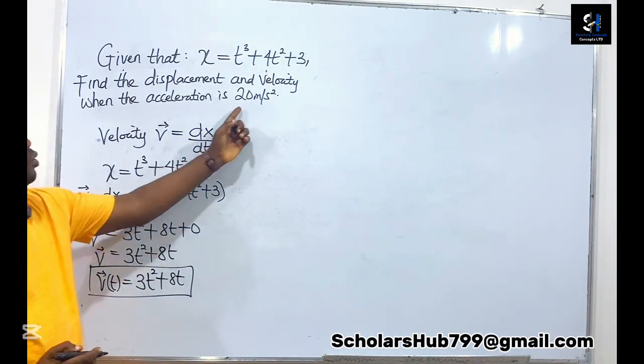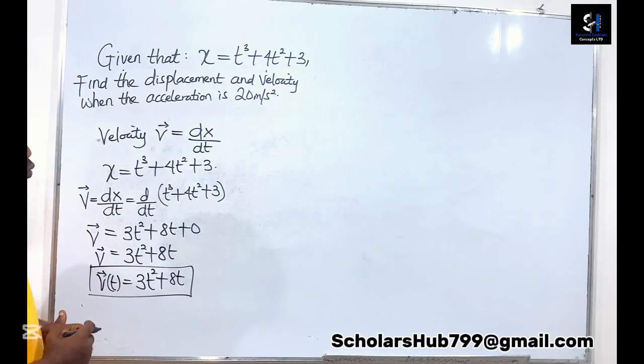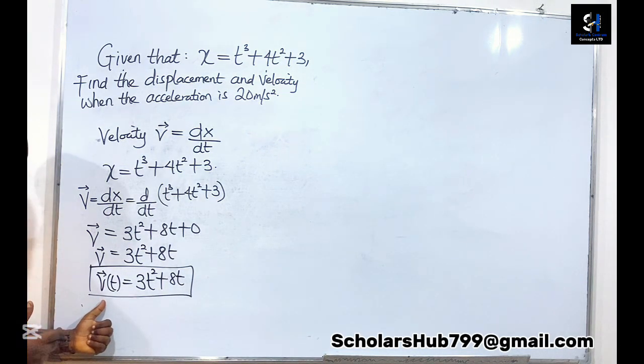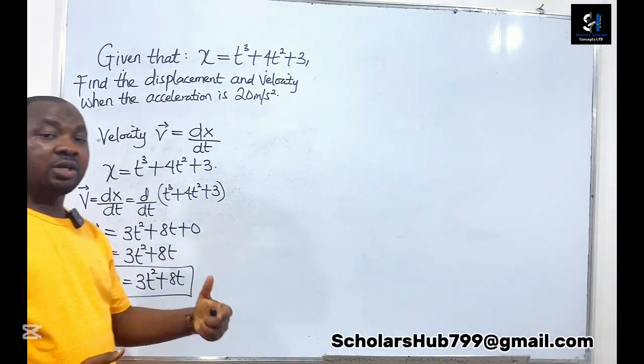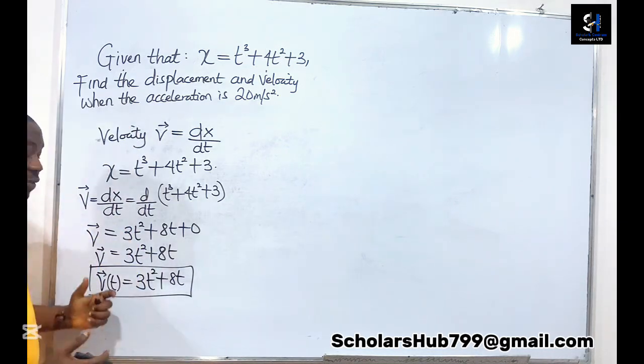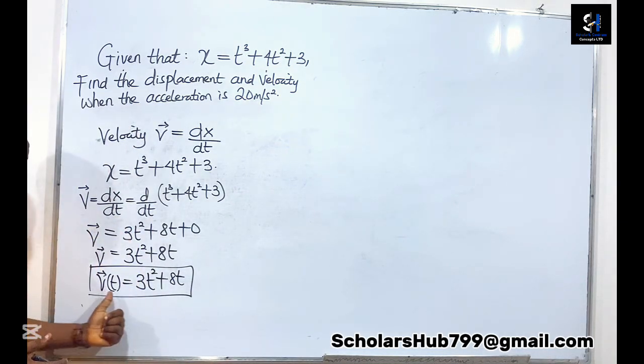We are given the acceleration to be 20 meters per second squared. So I'm going to differentiate the velocity function with respect to time t, because acceleration measures the rate of change of velocity. So the first derivative of velocity with respect to time t will be equal to acceleration, okay?